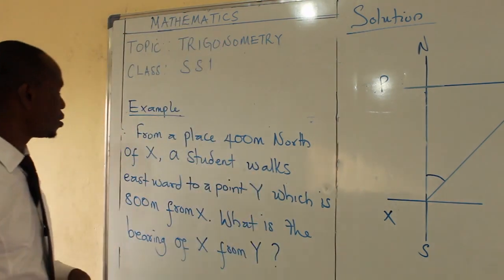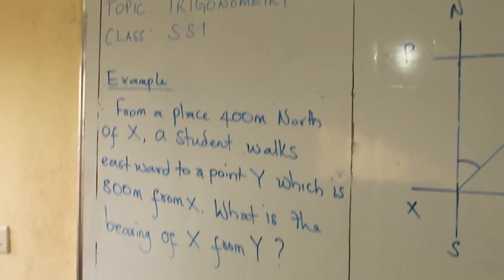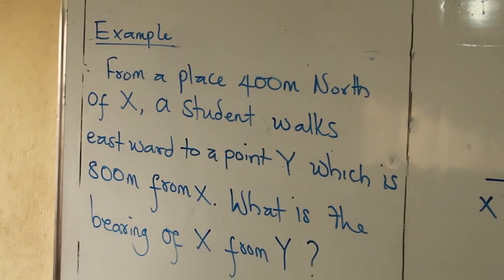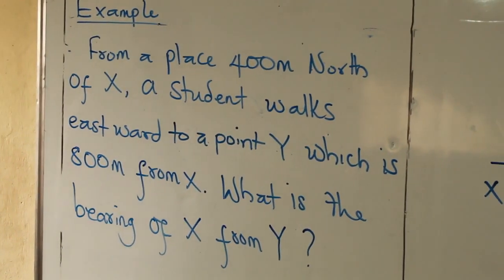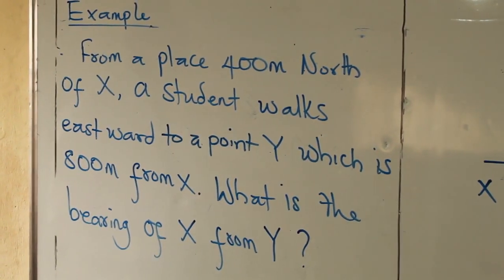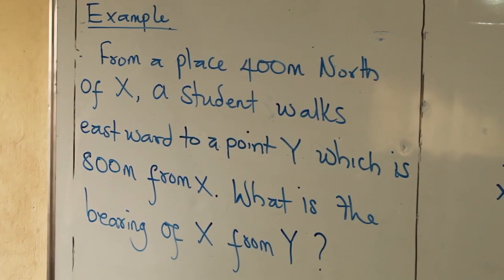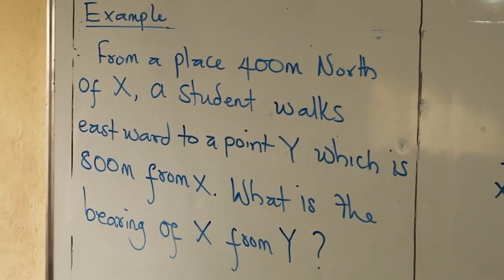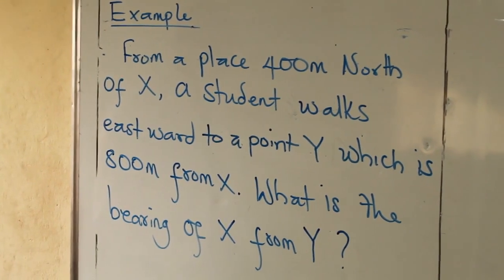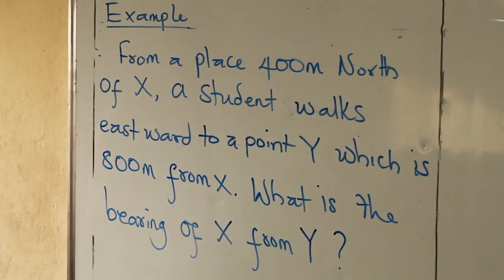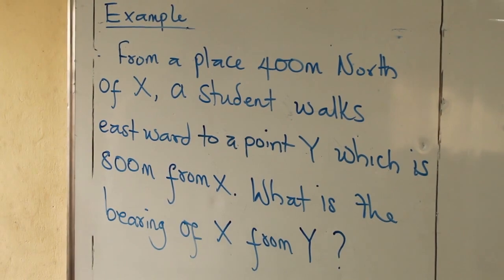The example says that from a place 400 meters north of X, a student walks eastward to a point Y, which is 800 meters from X. What is the bearing of X from Y?